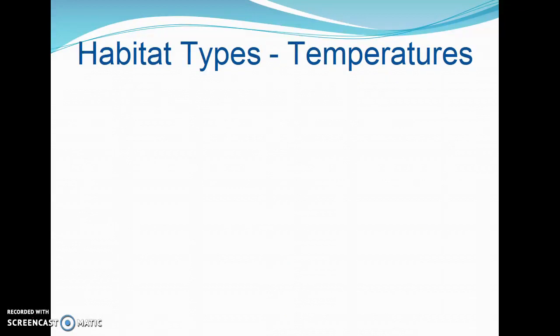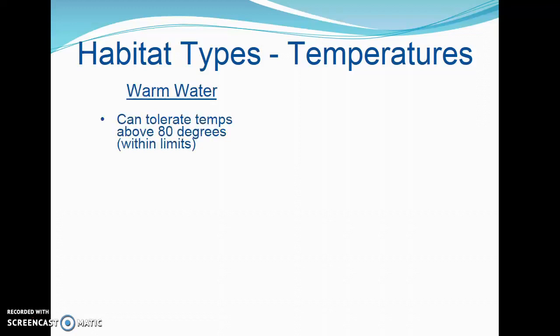Okay, so then we also could categorize our water systems or aquatic systems by temperature. And we do this more so when we're speaking of habitat types for fish. So we have our warm water systems. All the biota in these systems can tolerate temperatures above 80 degrees.